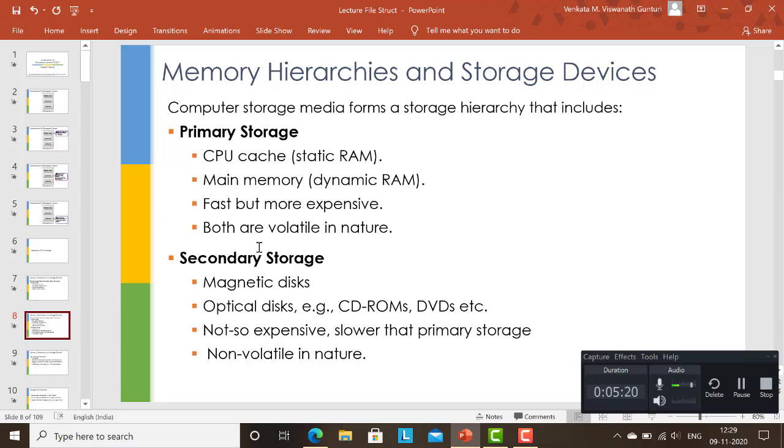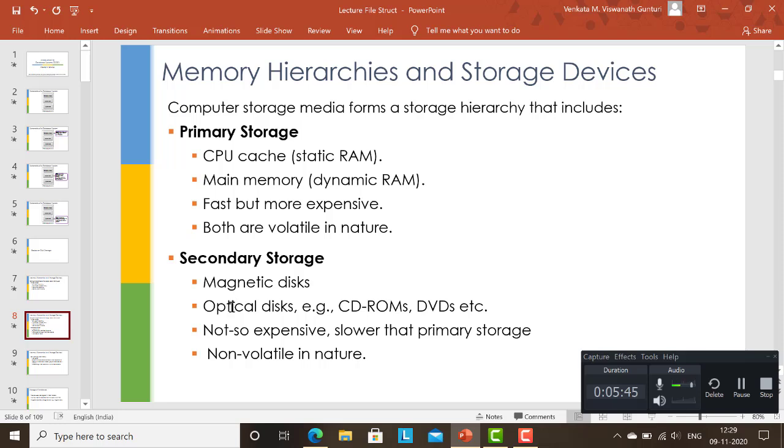But for databases, you need something that can persist across system reboots and all that. So for that, we have secondary storage, and certainly secondary storage options are not so fast, but the added advantage is that they are not volatile in nature, right?